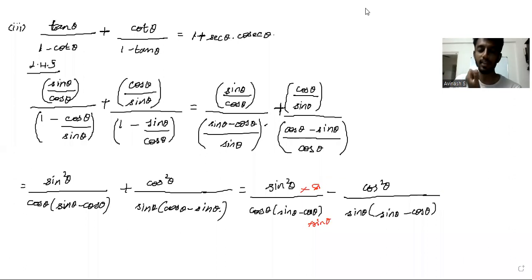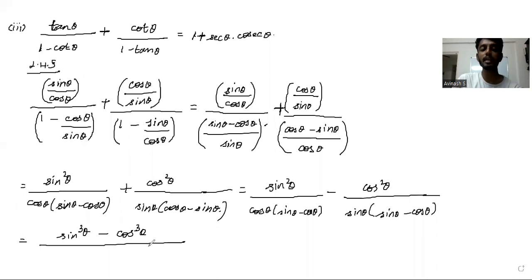With this understanding, the numerator would become sin cube theta, and the right hand side numerator will become cos cube theta, whole divided by, after taking LCM, what all you're left with? You're left with 1 sin theta, 1 cos theta, and also 1 common sin theta minus cos theta. So this is the step we are sitting with now.